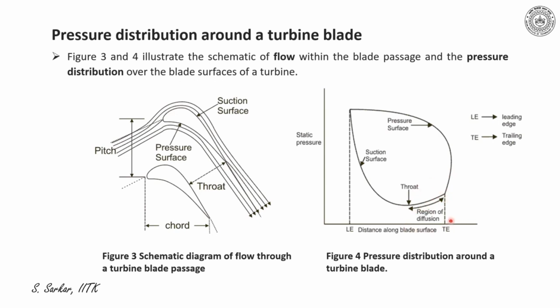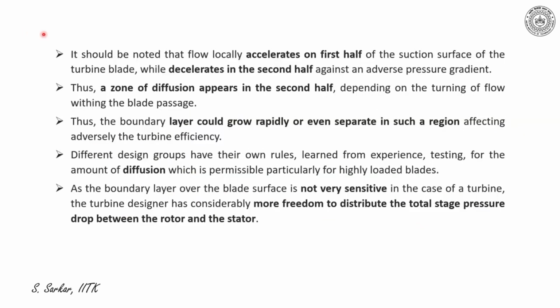So this region of diffusion is very important or very sensitive, even for a low pressure turbine, as high diffusion leads to flow separation. What I explained earlier, I have summarized here stating that the flow locally accelerates on the first half of the suction surface of a turbine blade, while it decelerates in the second half against an adverse pressure gradient.